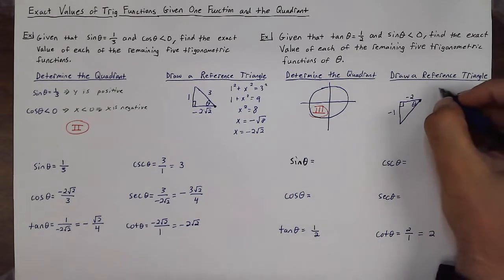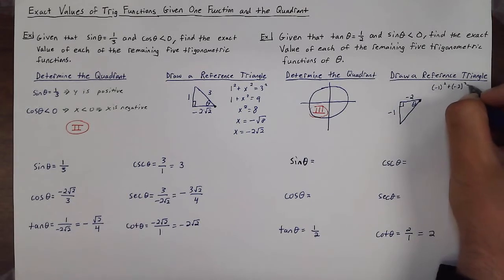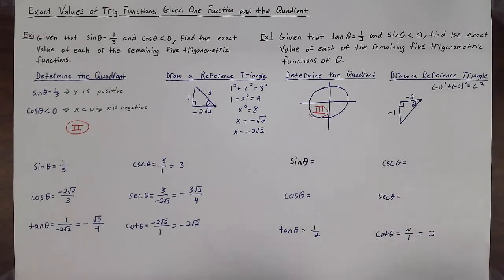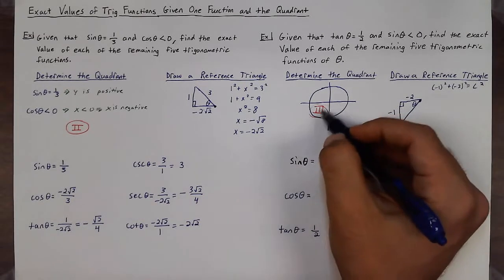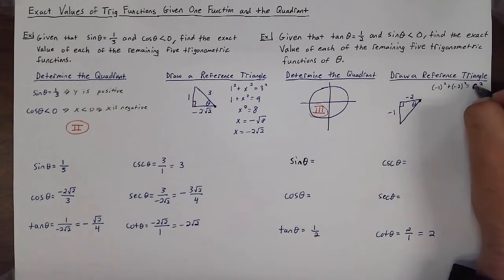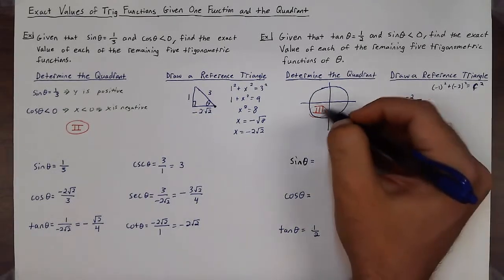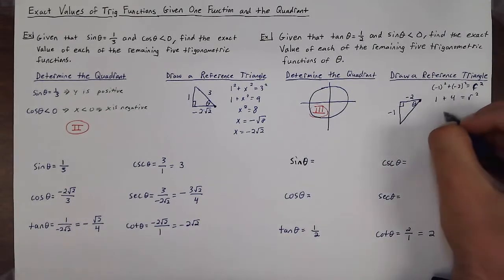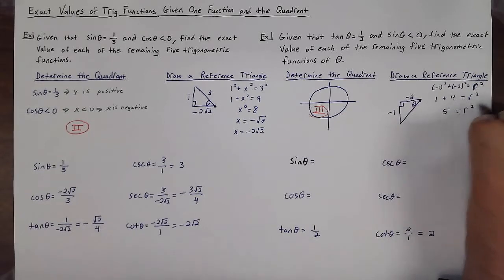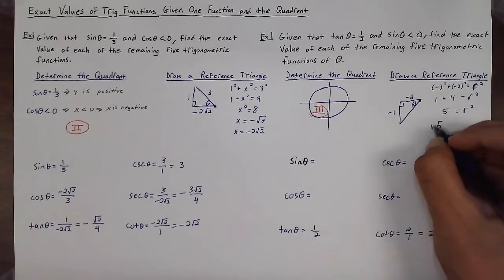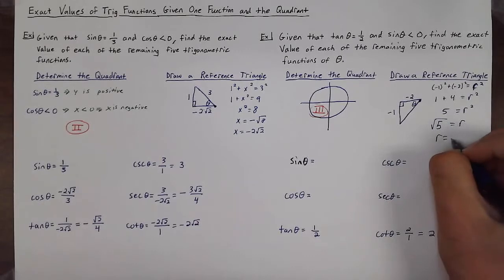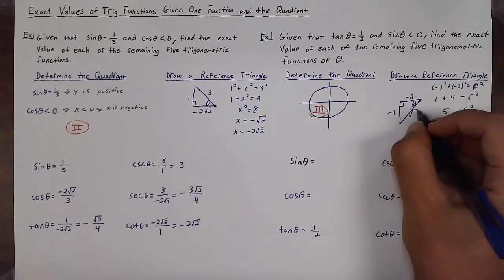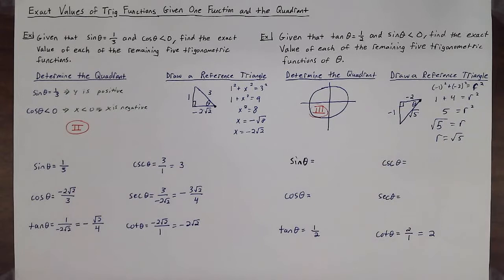And again, using the Pythagorean theorem, I have negative 1 squared plus negative 2 squared equals this, I'll just call it c squared for my triangle. Maybe you can even refer to it as r squared, since we know we're referencing a circle here. That usually would be the radius. So 1 plus 4 is equal to r squared. So 5 is equal to r squared. And taking the square root, I get r is equal to the square root of 5. And I'm going to keep it positive since I typically want to keep my radius positive. And that side will always be positive.